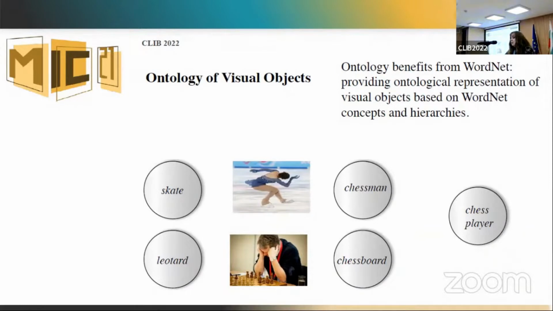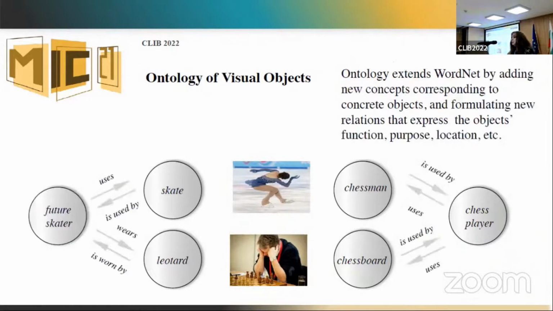So our ontology benefits from WordNet, providing ontological representation of visual objects based on WordNet concepts and hierarchy. For example, the following concepts are present in WordNet: chessman, chessboard, chess player, also skate and leotard.